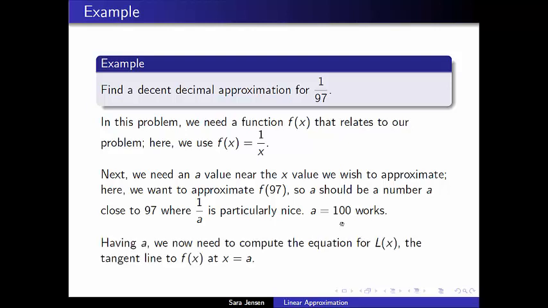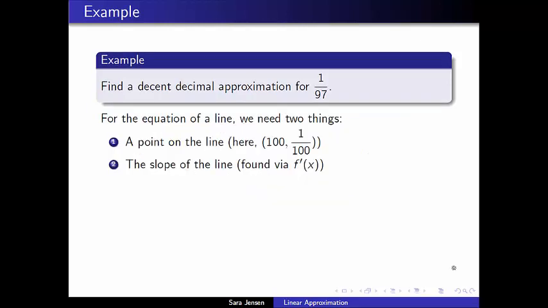Once we have that specific a value, the next step is to compute the equation of that tangent line that we're calling L of x here at this specific value of a, where our a in this example is 100. So, in order to write the equation of a line, we always need two things. We need a point on that line, and we need the slope of the line.